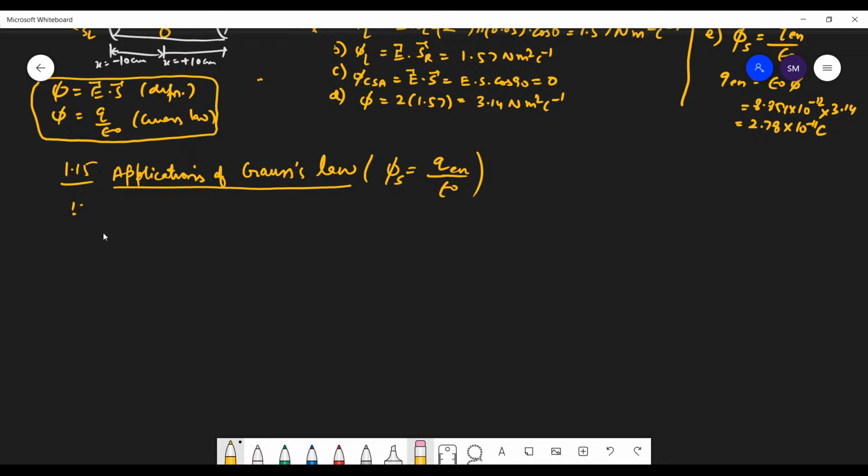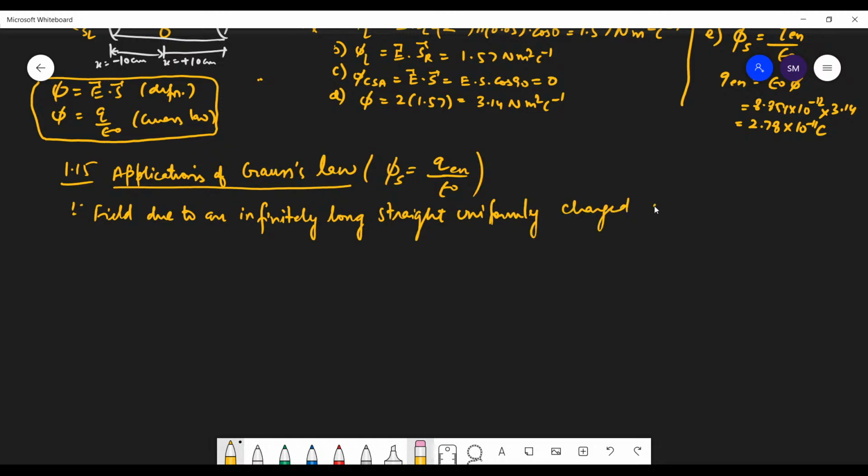So the first application is the electric field due to an infinitely long, straight, uniformly charged wire.